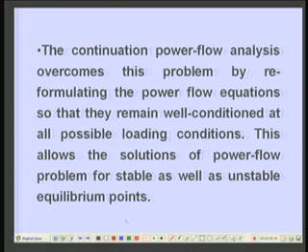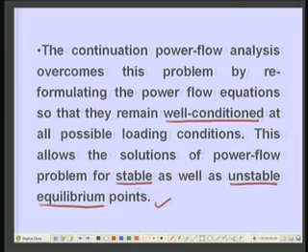It overcomes this problem by reformulating the power flow equations so that they remain well conditioned at all possible loading conditions. This allows the solution of the power flow problem for stable as well as unstable equilibrium points.